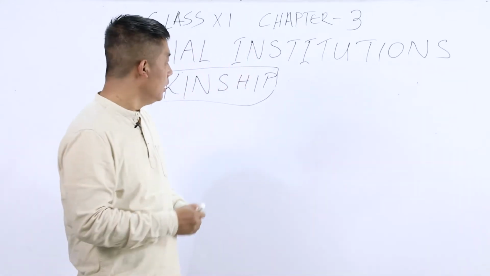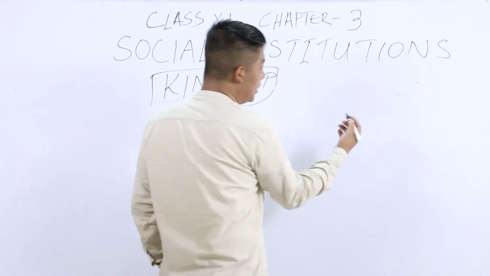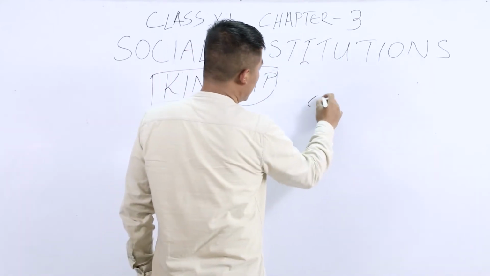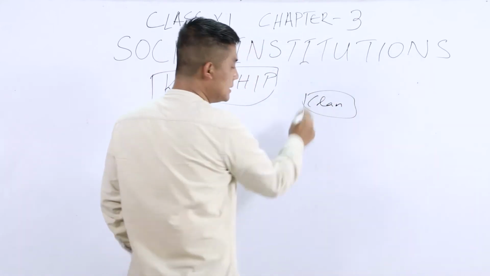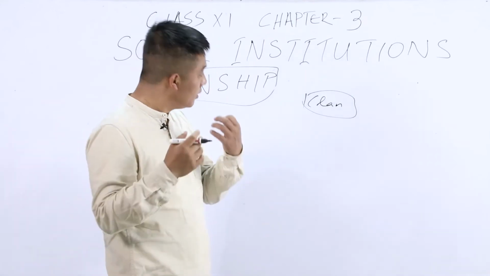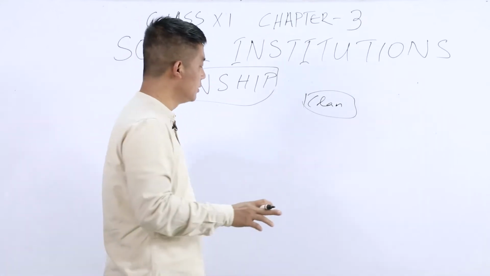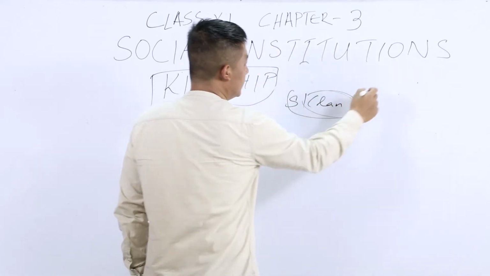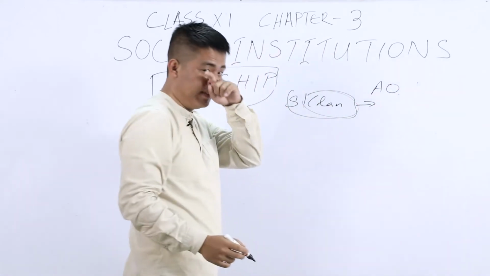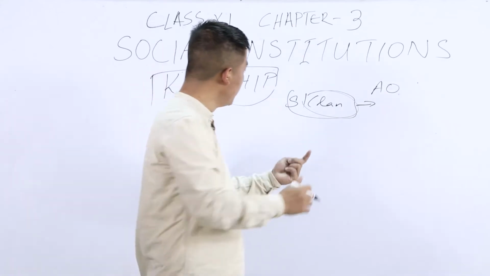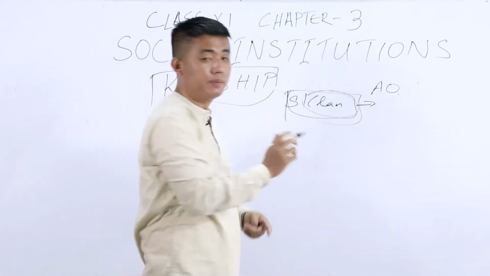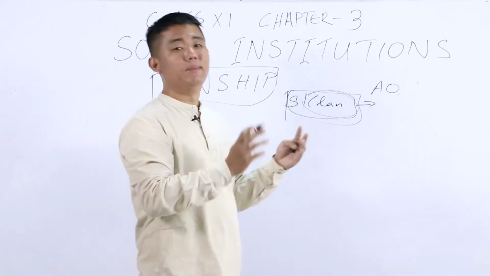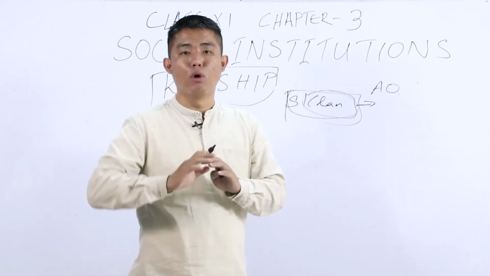Now, for example, in a society, if they belong to the same clan, in some tribes among the Nagas also, the people belonging to the same clan cannot marry each other. The Ao community, for example, does not allow two individuals belonging to the same clan to intermarry, and that is prohibited.